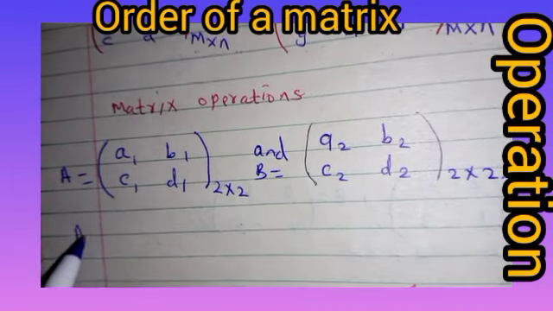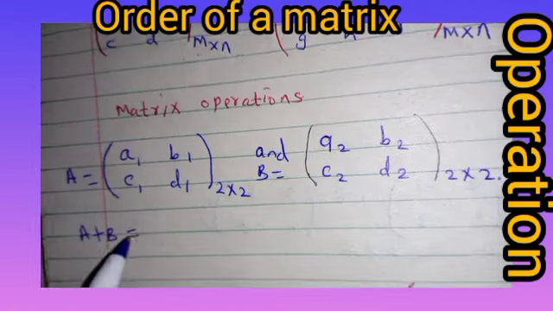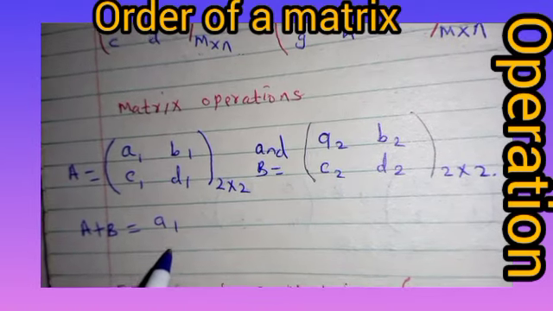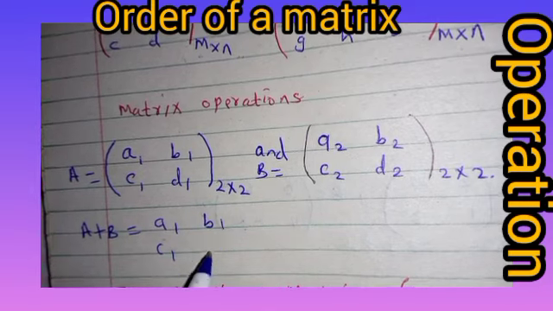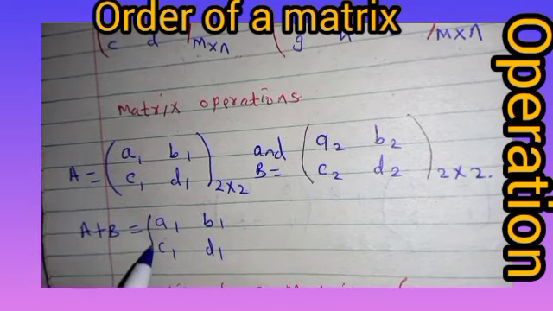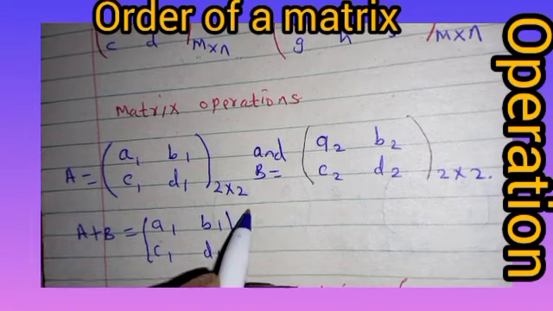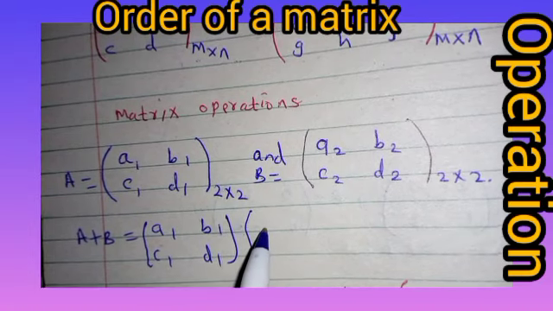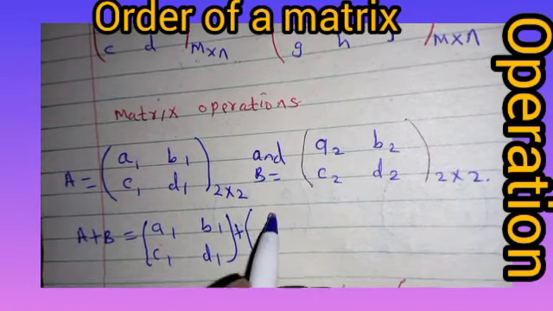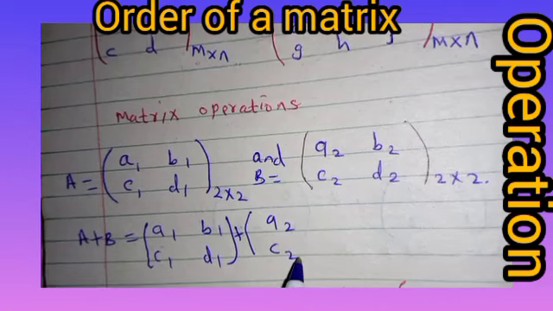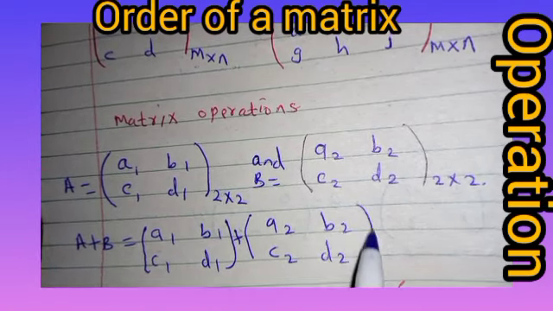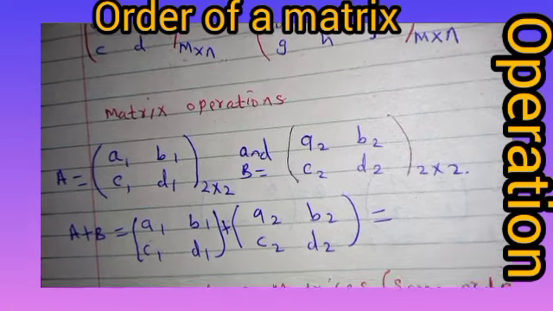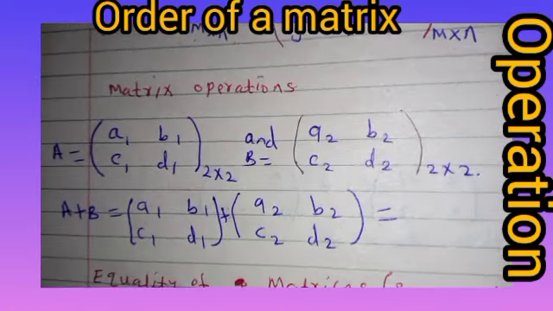then A plus B will be given by A1, C1, B1, D1, plus A2, C2, B2, D2. So what you do is add the corresponding elements of the matrices.